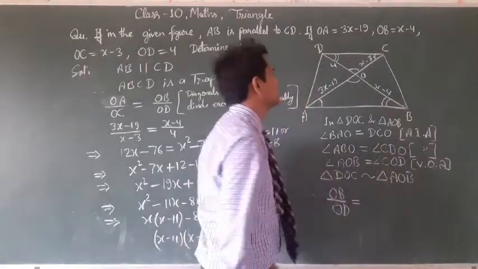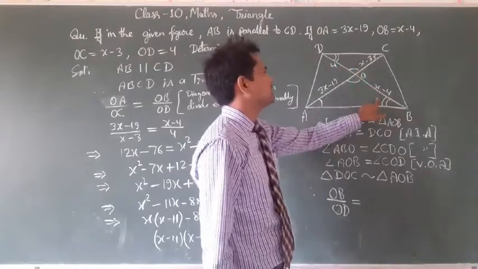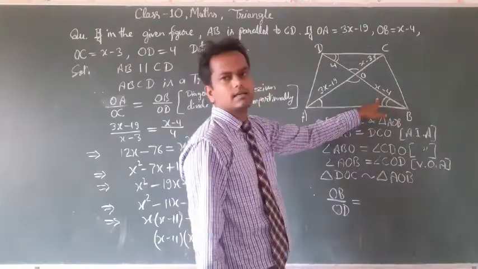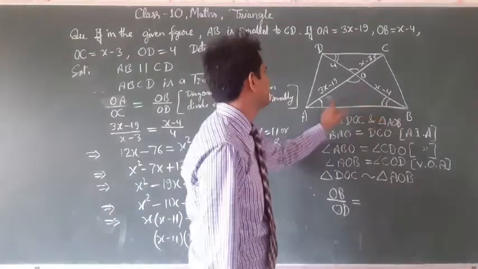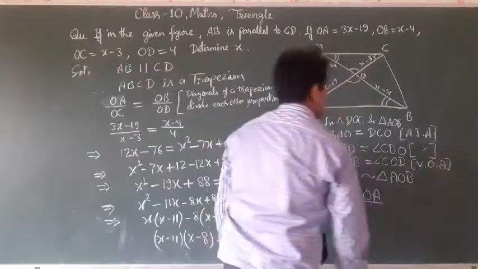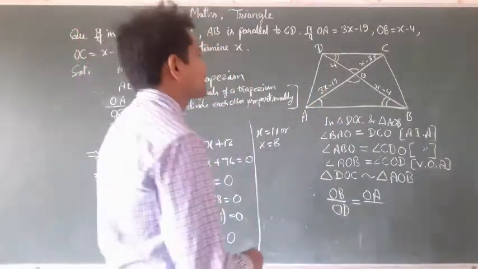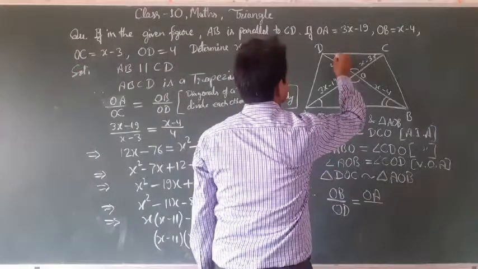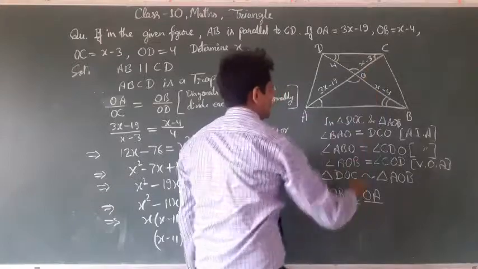It is equal to, now this angle is equal to this angle, then observe the sides in front of this angle, this will be OA, is equal to the side opposite to this angle, which will be OC.